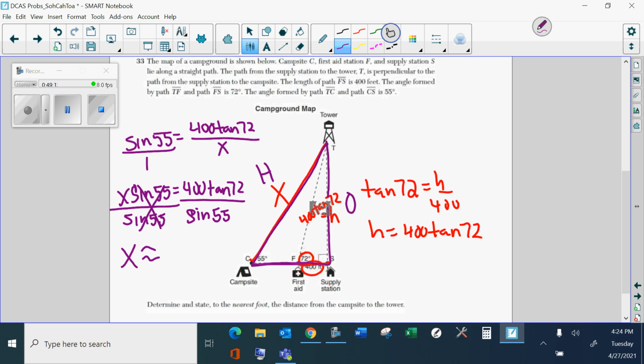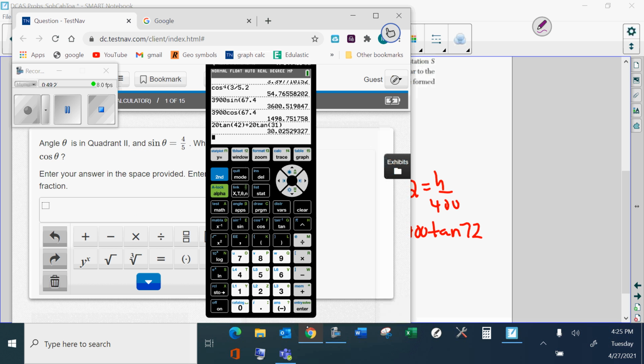And it wants it to the nearest foot. So I'm going to type that in the calculator. I'm going to first do the whole numerator, get that answer, and then take that answer and divide by sine 55. Okay, 400 tan 72. Get that answer.